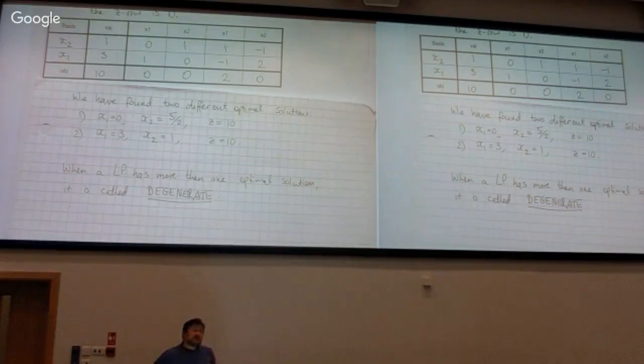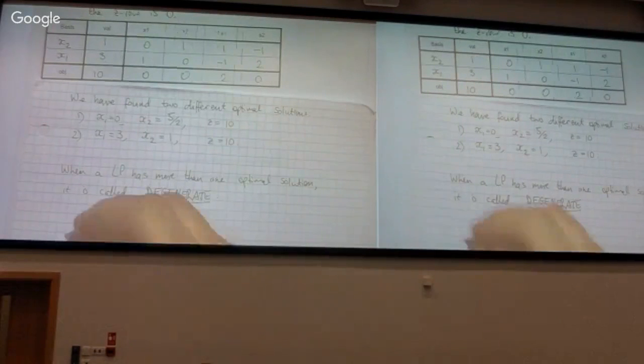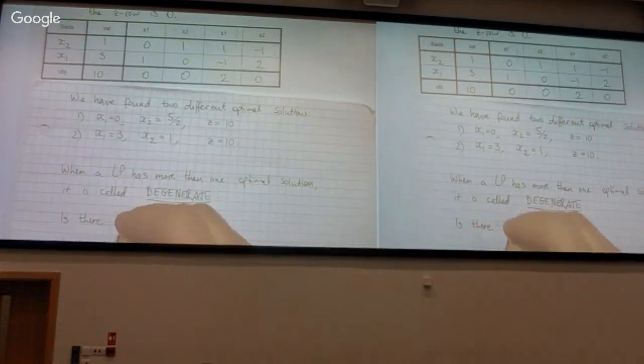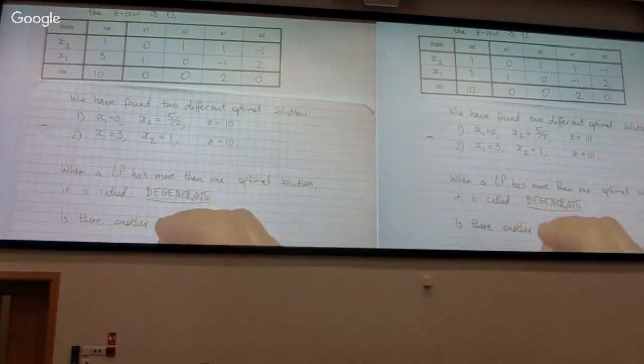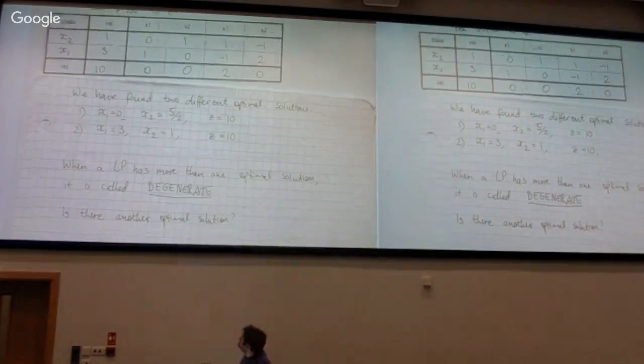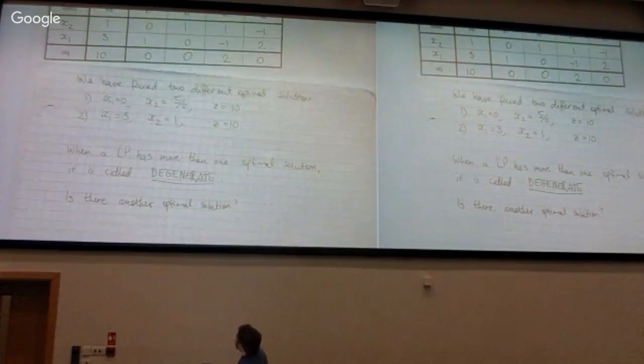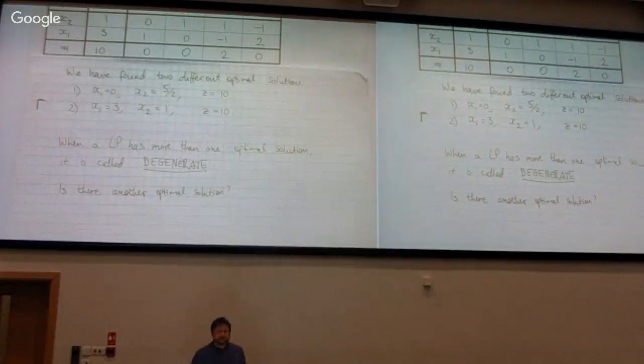Is there another optimal solution other than these 2? x1 is 1 and x2 is 2.